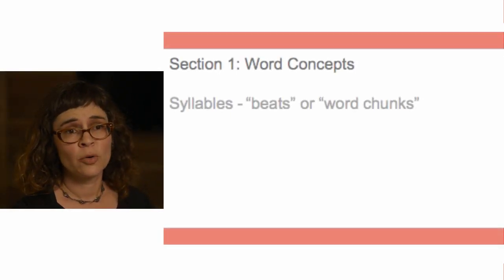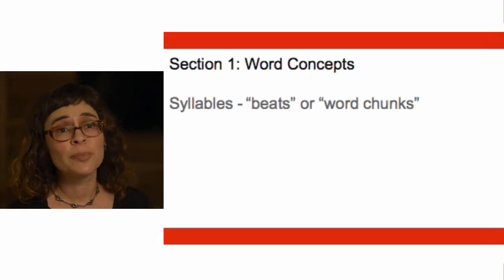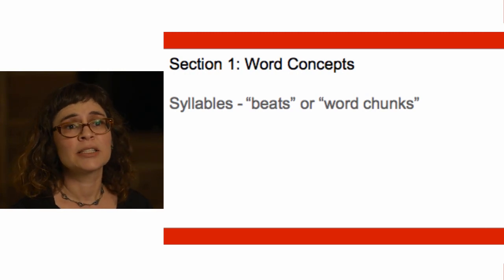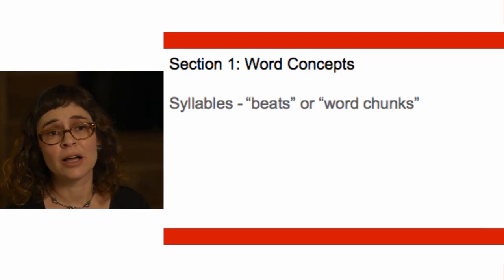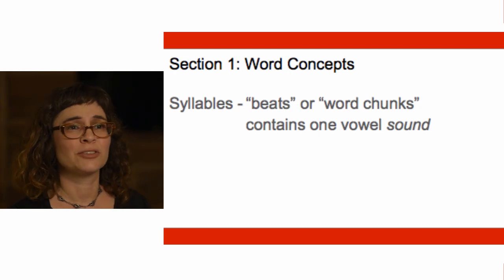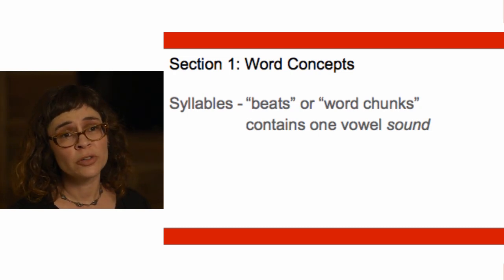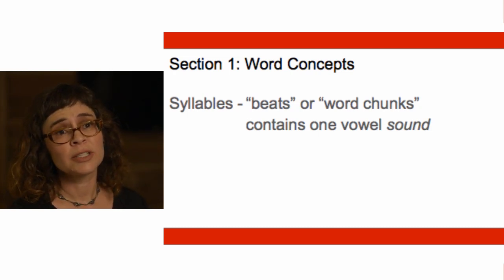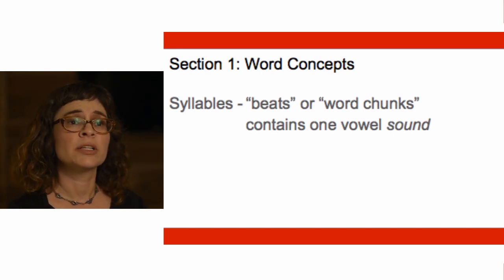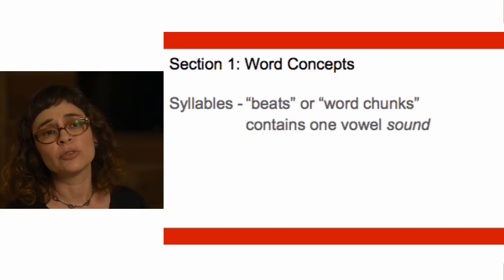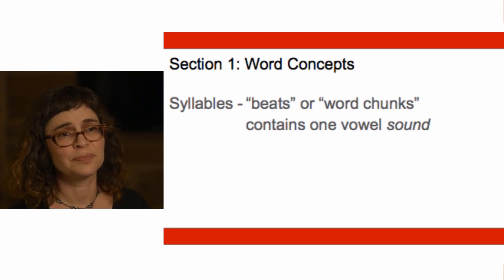Syllables are the beats or word chunks that combine to make one sound. A single syllable can have a variety of sounds, but only one vowel sound. It's important to understand that the syllable is not any sound. A syllable is a vowel sound, and it includes the consonants that surround it.